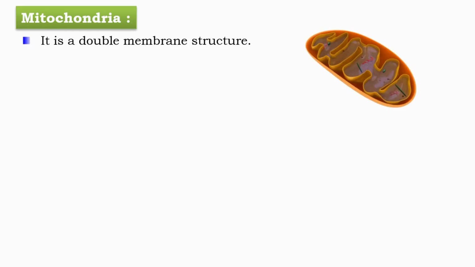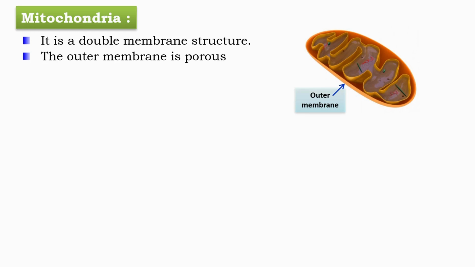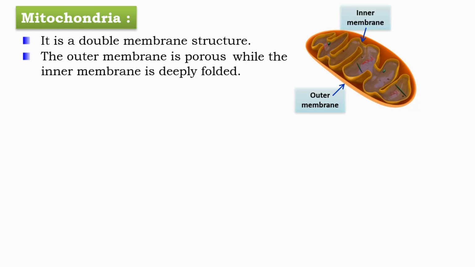Mitochondria. It is a double membrane structure. The outer membrane is porous, while the inner membrane is deeply folded. The folds are called cristae.